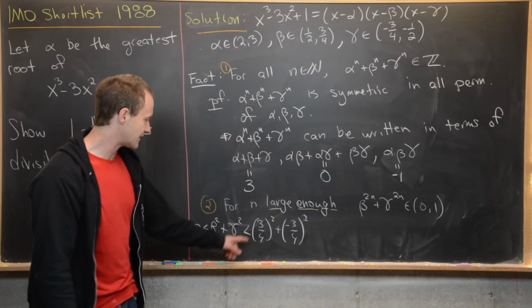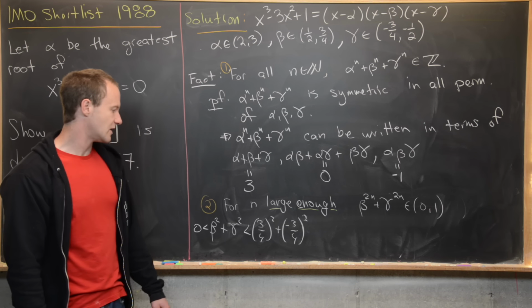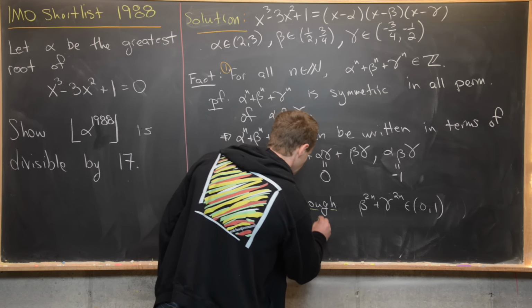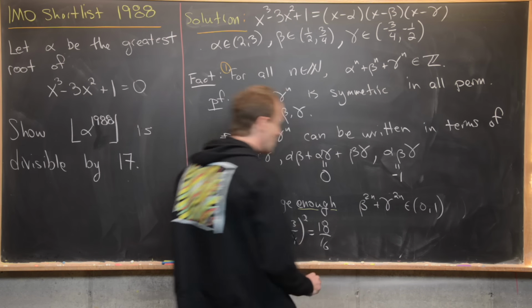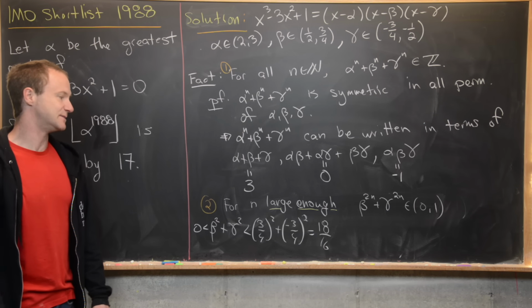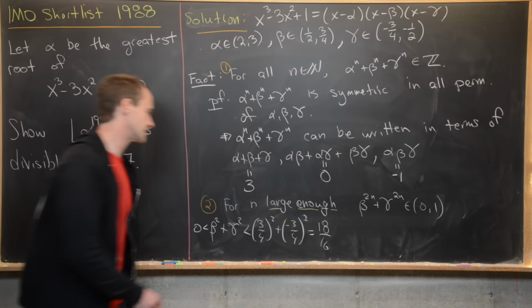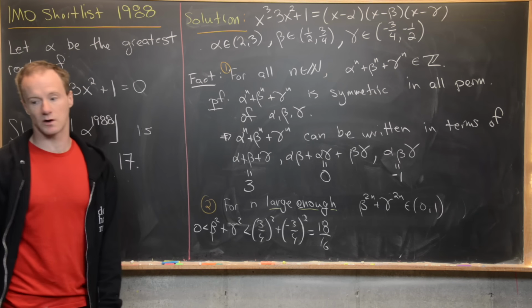Okay, so let's see what that gives us. That gives us 9/16 plus 9/16, which is equal to 18/16. Well, 18/16 is bigger than 1, so this is not quite large enough. So in other words, n equals 1 doesn't work here.